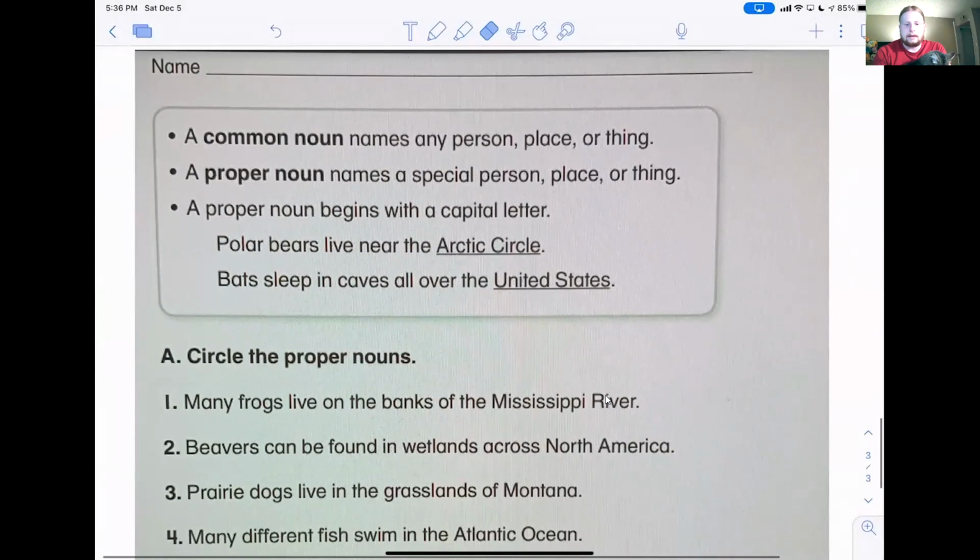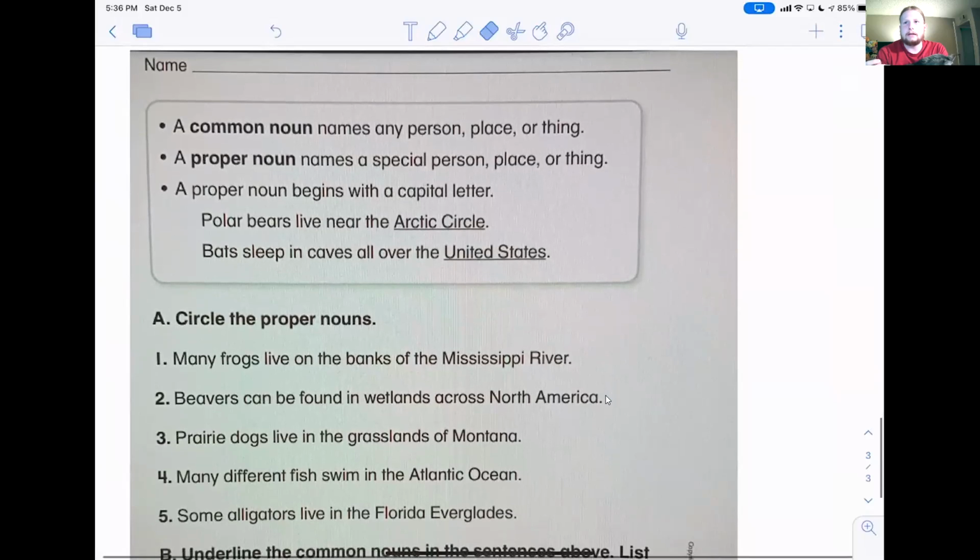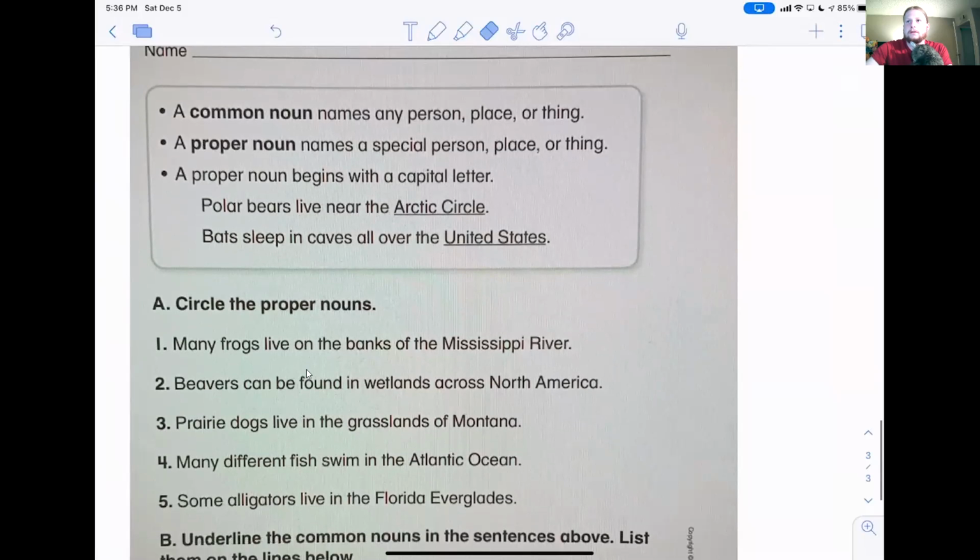So, a common noun names any person, place, or thing. A proper noun names a special person, place, or thing. A proper noun begins with a capital letter. So for example, polar bears live near the Arctic Circle. So the Arctic Circle is a specific place.